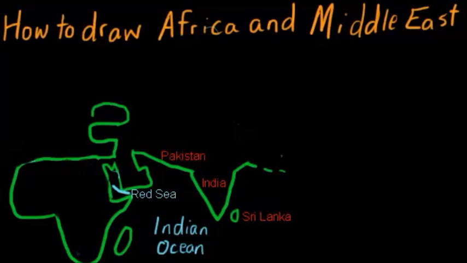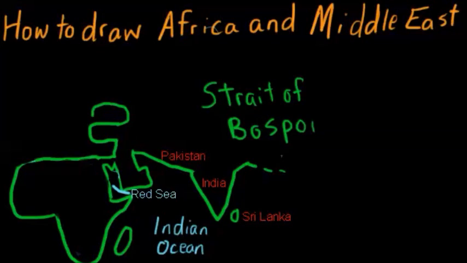There's actually a strait that flows from the Black Sea into the Mediterranean Sea. So we'll leave that slightly open so that we can show that the strait is there. And this strait is called the Strait of Bosporus.